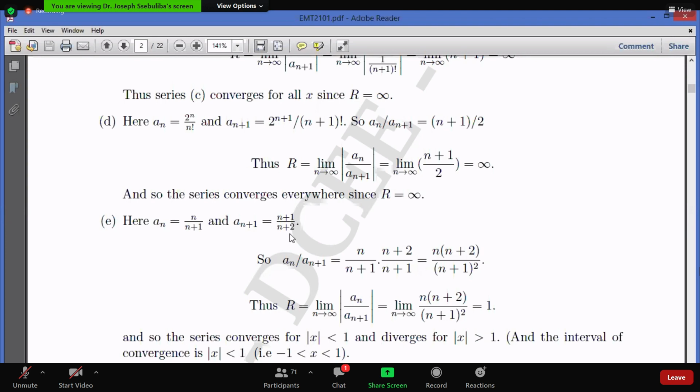That will be n plus 1 over n plus 2. Then remember, you divide by a_n, so you take the reciprocal of that, which is n plus 1 over n. That gives you this thing here. I think you guys still remember this.